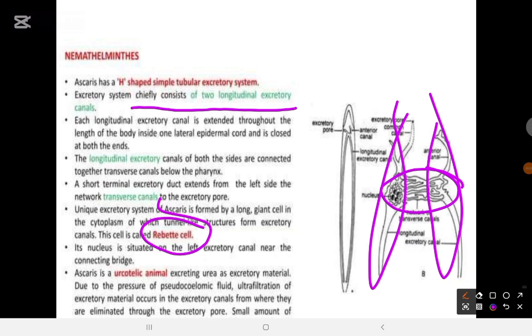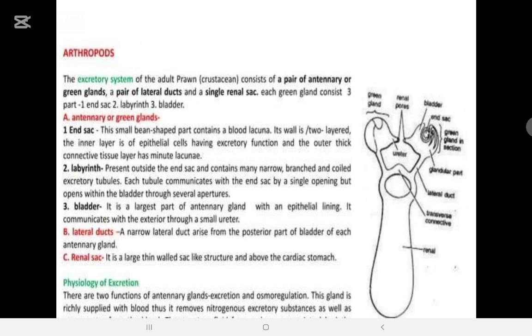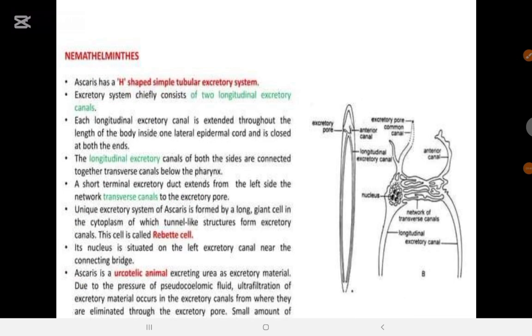Its nucleus is situated on the left excretory canal near the connective ridge. So you can see the nucleus here of the renette cell.